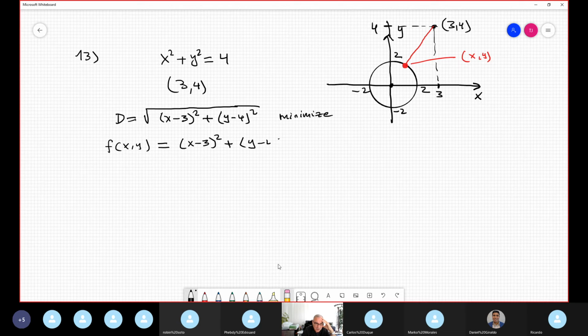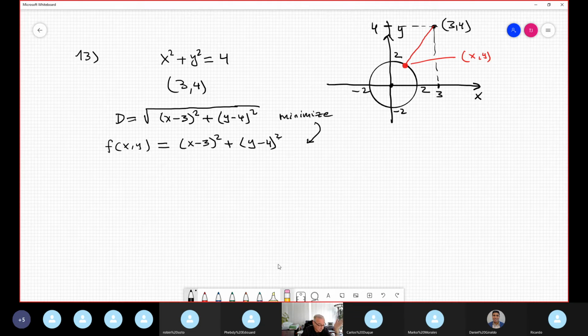The reason is clear: you consider this and you will be able to minimize this function. It's obvious that you minimize the distance because the only relationship is the square root. To avoid the square root, you delete mentally the square root. This is my objective function I need to minimize.